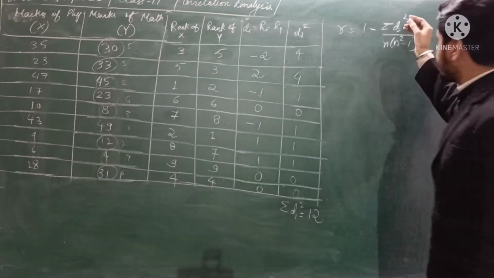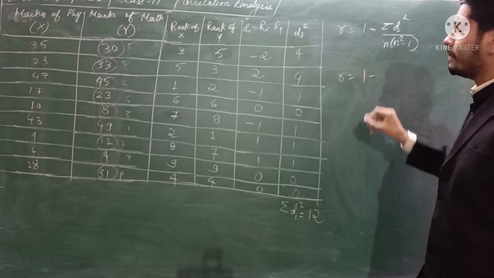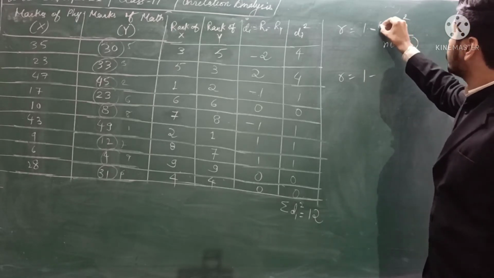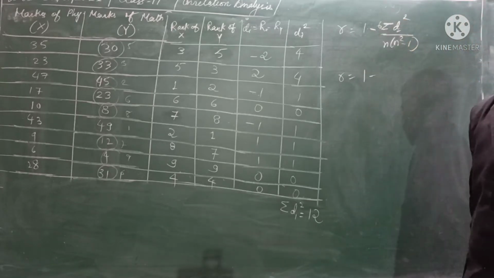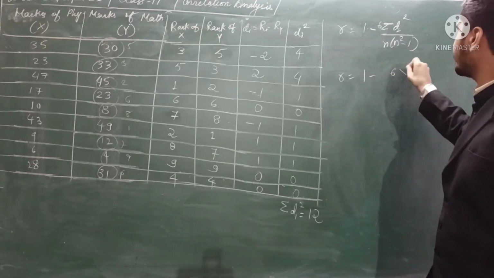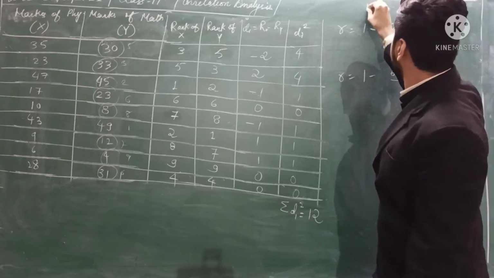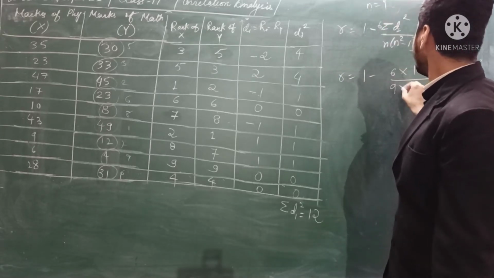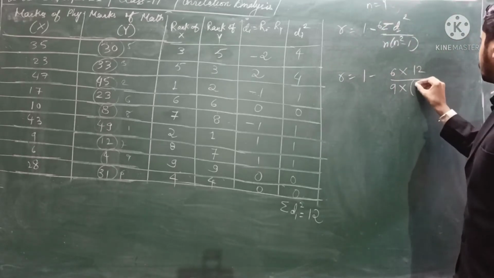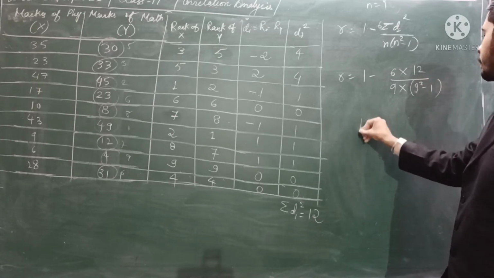Then substitute in this formula. So 1 minus, oh, 6 is also here. I forgot to write 6 here. Please mention 6. 6 into 12 upon n. Here n is 9. So 9 into 9 square minus 1.